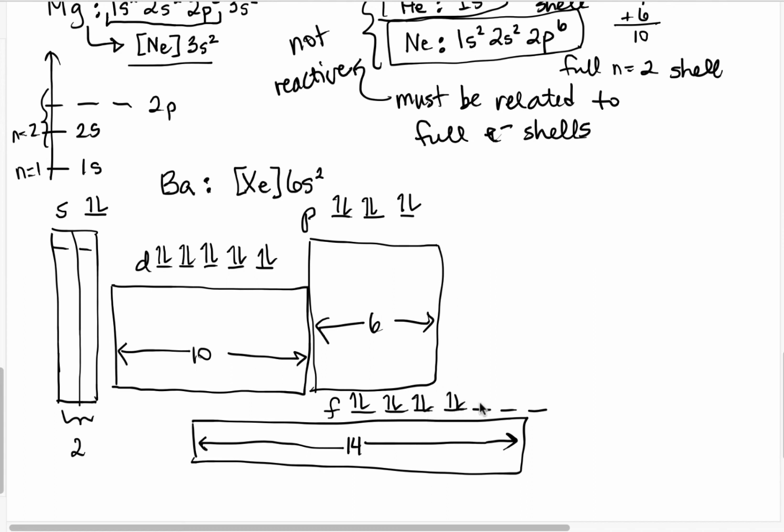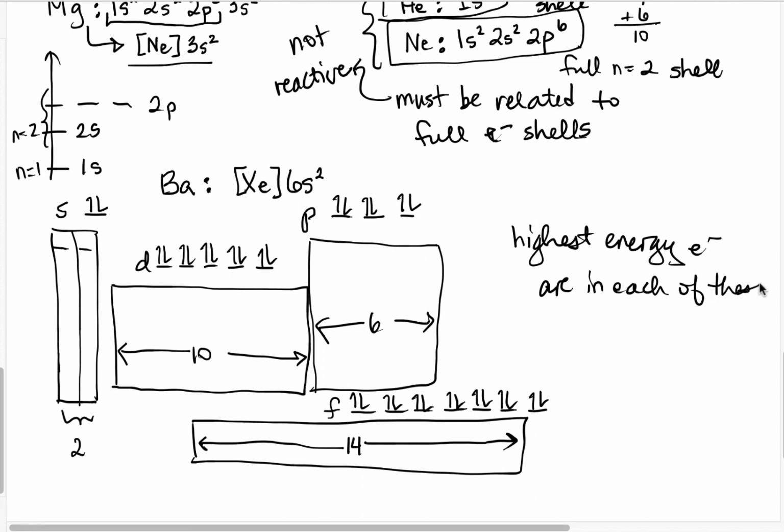This is exactly why the periodic table is organized this way. It is because these elements have their highest energy electrons in each of these types of orbitals.